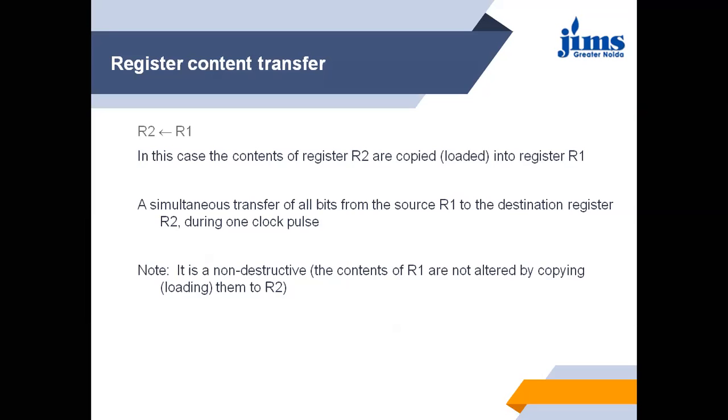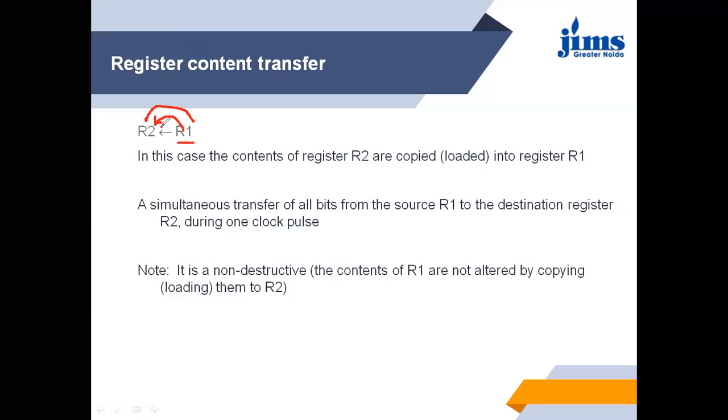When we are representing this, R1, this arrow, and R2, we have to read this from here to here, meaning there is a register R1 and we are sending data from R1 to R2.